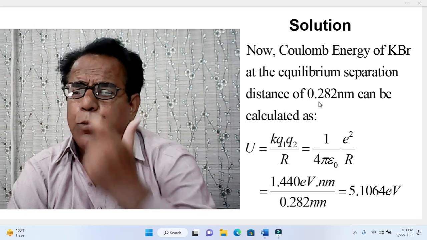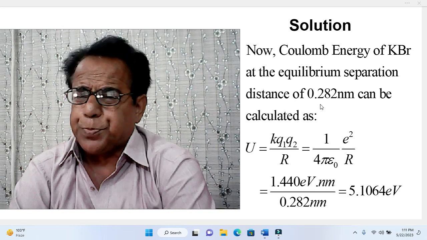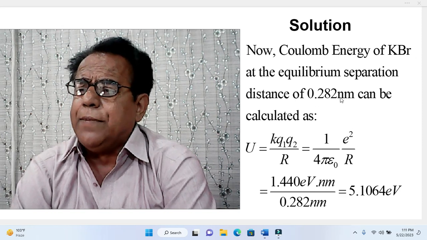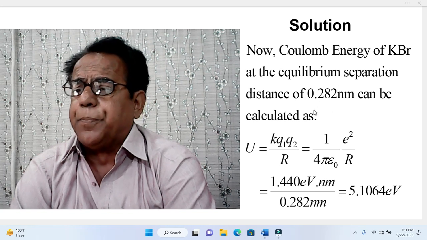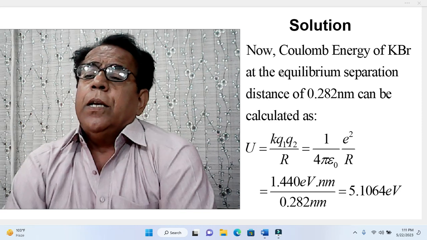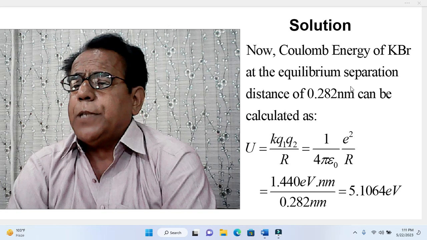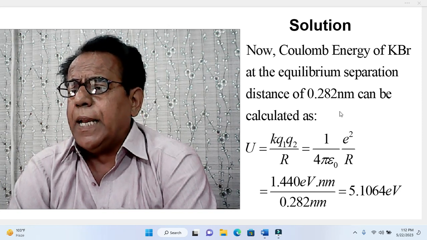In both snapshots, the equilibrium separation distance is given as 0.282 nanometer.